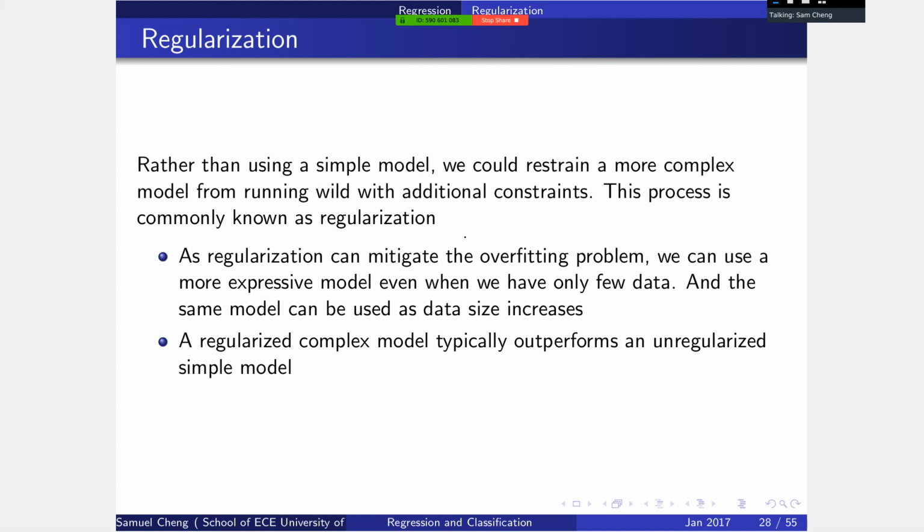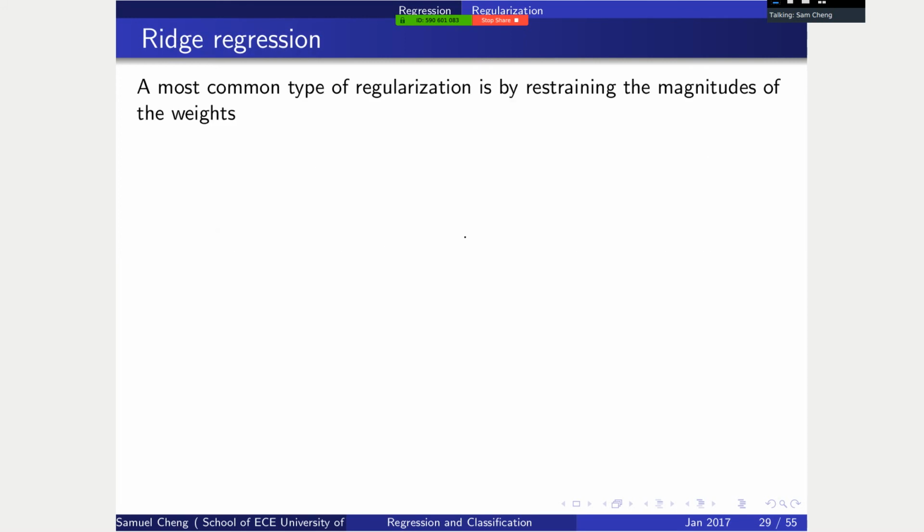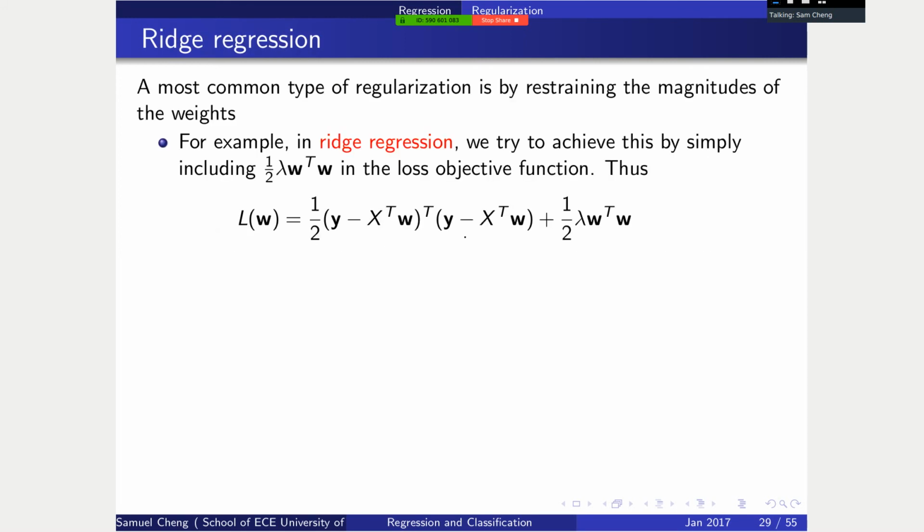You change, for example, in our example just explained earlier, we have this linear regression problem. Rather than just trying to minimize the loss only, we add an additional term to modify the objective function.